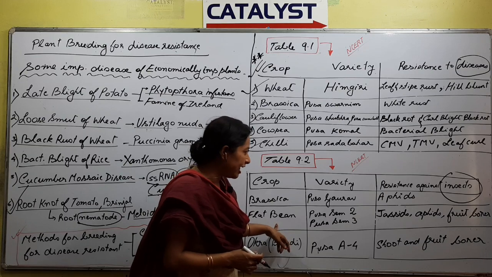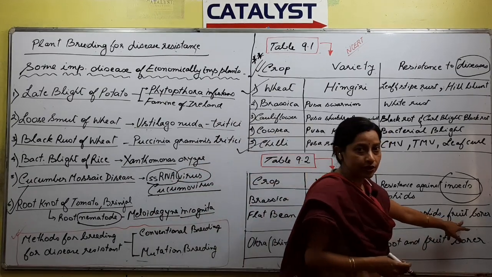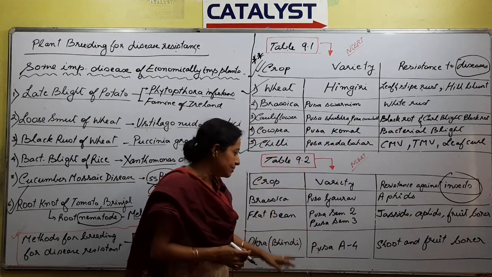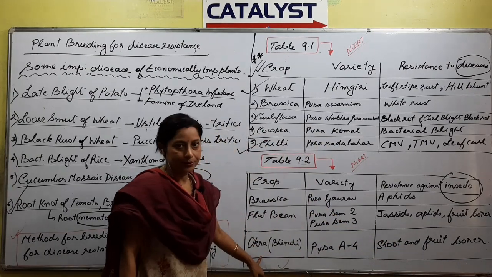Similarly, if you are talking about flat bean, you have certain insects called jassids, aphids, and fruit borer that cannot infect these two varieties of flat bean. Similarly, shoot and fruit borer cannot infect okra, right?